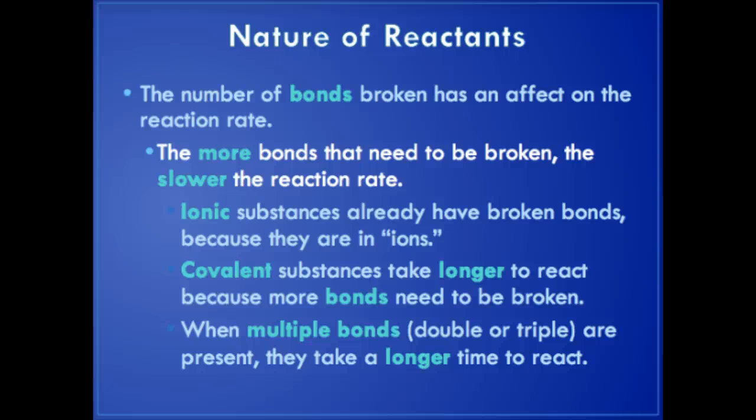So you need correct angle of orientation. If they don't collide at the right angle, they're not going to make an effective collision. The second thing is they need enough kinetic energy, sufficient kinetic energy, so that they actually stick together. So somewhere on your paper, write the two conditions you need for an effective collision: correct angle of orientation and sufficient kinetic energy.